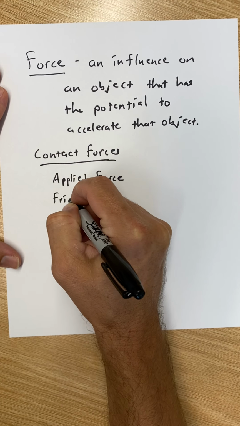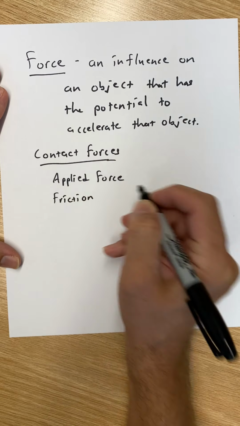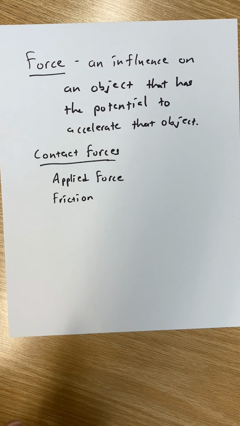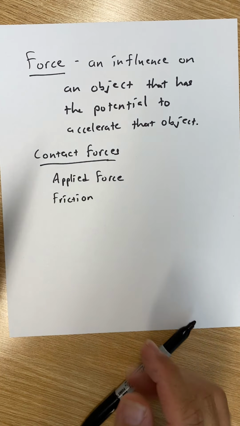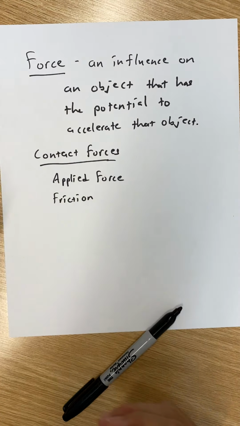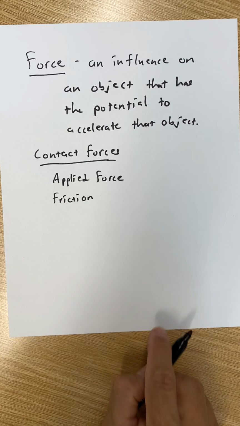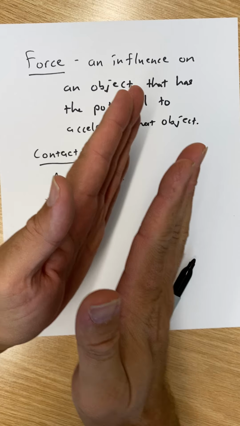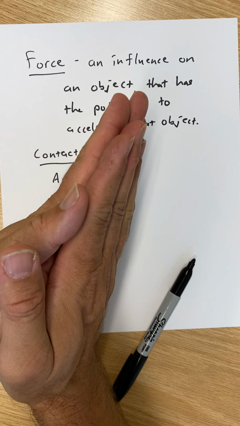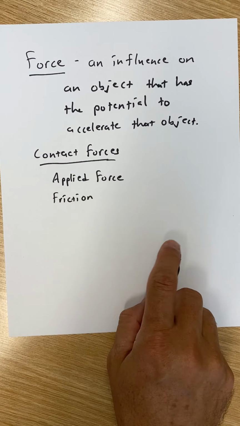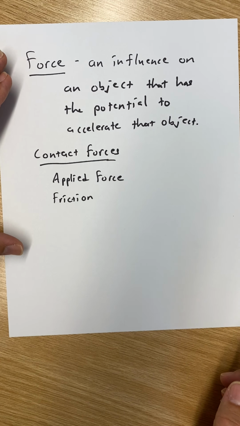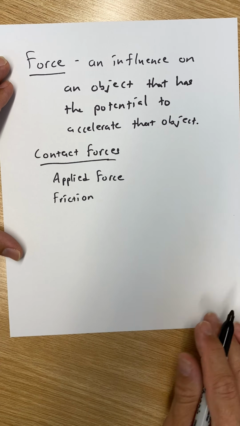Friction's a big one. We're definitely going to do a lot of work with the friction force and what that looks like. But we have a good idea what friction is, right? We all do this in the winter to warm our hands up. We probably know that our brake pads on our cars push something against our brake discs that causes friction and slows them down. So friction force is a good one to think about.